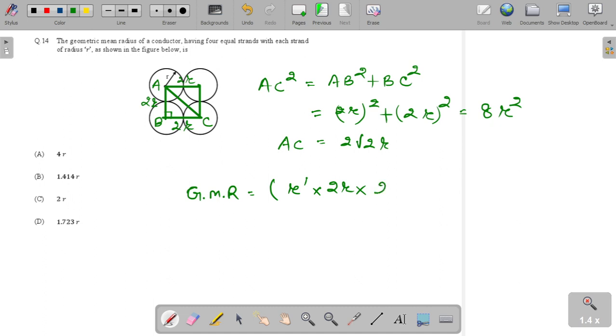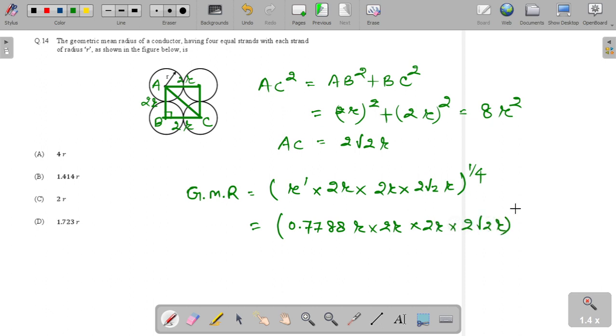The distance would become 2r, and the distance between A and C is 2 root 2 r. So this is the formula for GMR. We know r dash is 0.7788 r, times 2r, 2r, 2 root 2 r, to the power 1 upon 4.